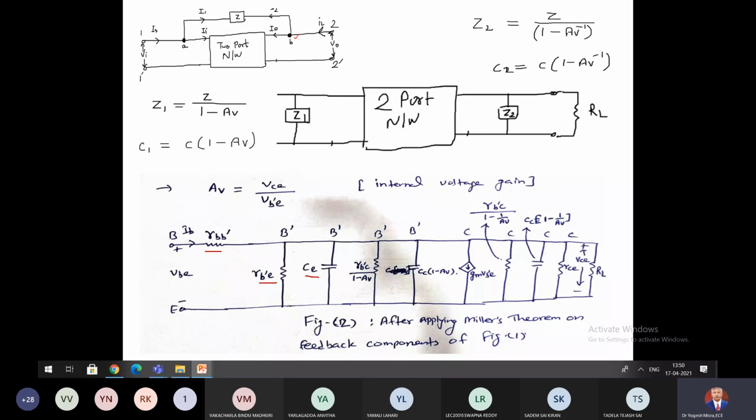These three things were already there. The feedback resistance is split here and it is connected here.